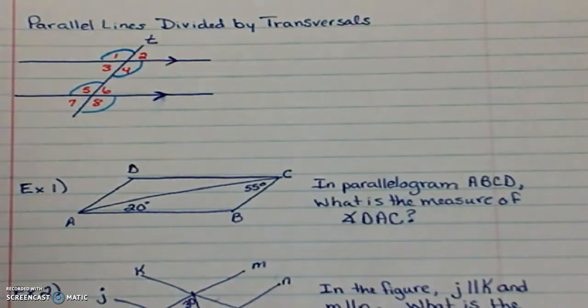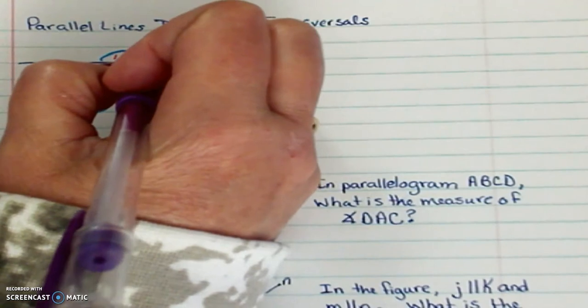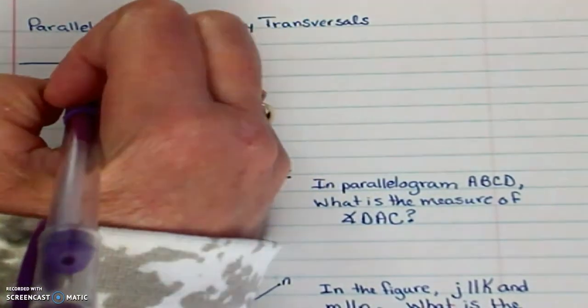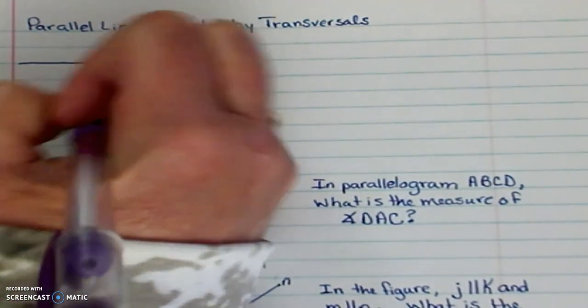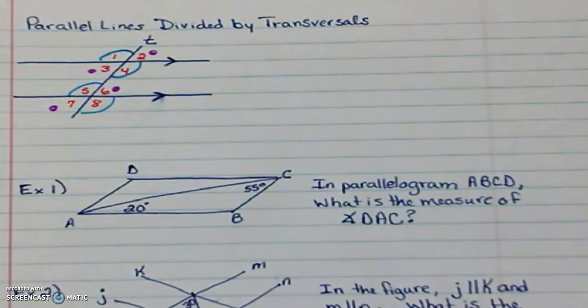As you look at it, you will also know that the other angles that are left are also going to be equal to each other. So the ones with the dots, 2 and 3, 6 and 7, those are all equal to each other. So there's only really 2 measures that you have, and between the blue arced angles and the purple dot angles, the 2 together are going to be supplementary.